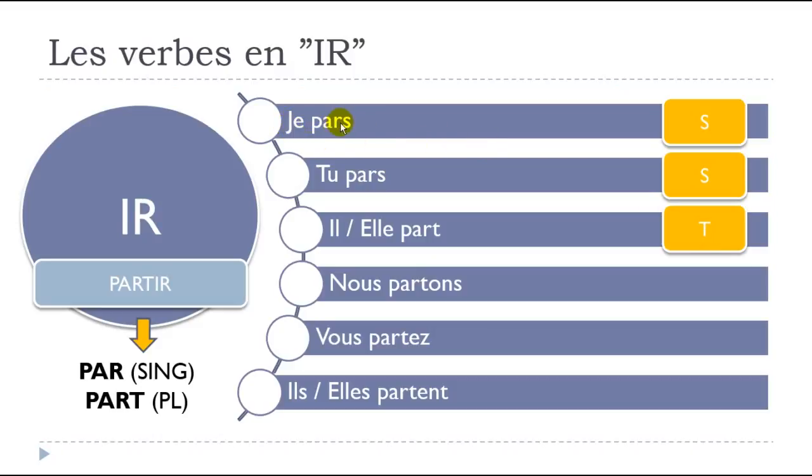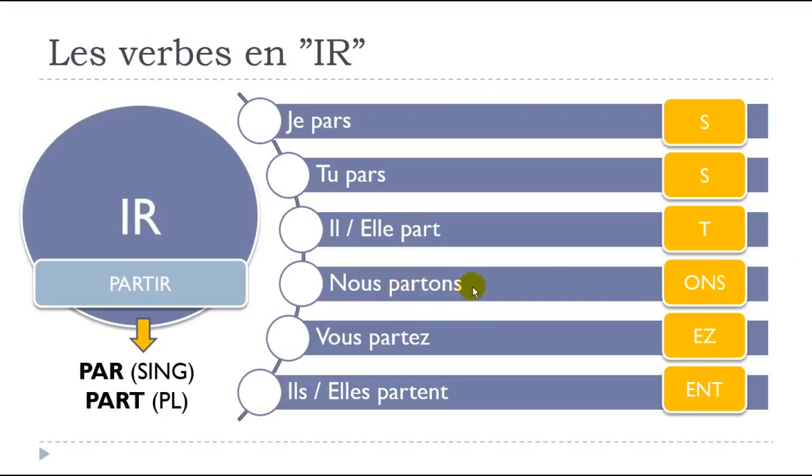Phonetically, je pars, tu pars, il part, elle part. And for the plural, as we saw, you just keep this P-A-R-T and you add the endings O-N-S, E-Z, E-N-T. And you will get nous partons, vous partez, ils partent, elles partent.